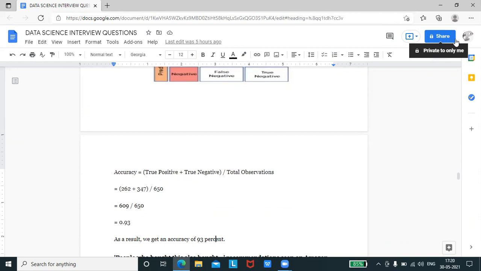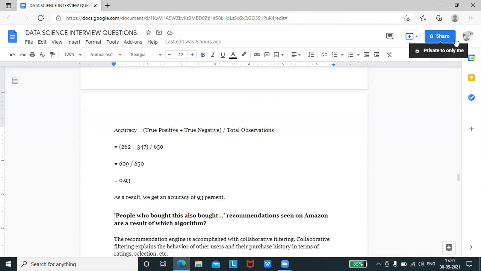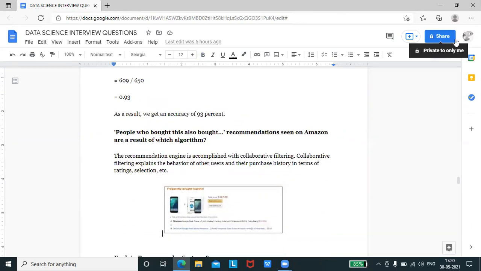So people who bought this also bought something. Recommendations seen on Amazon are a result of which algorithm? So these are purely recommendation engines. The recommendation engine is accomplished with collaborative filtering.